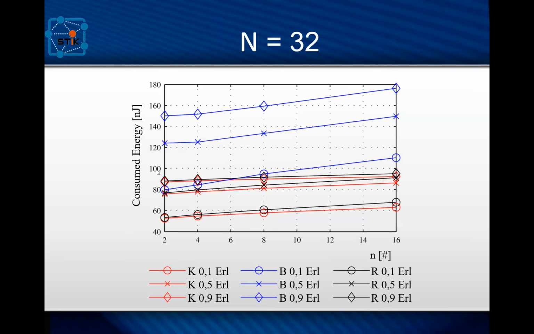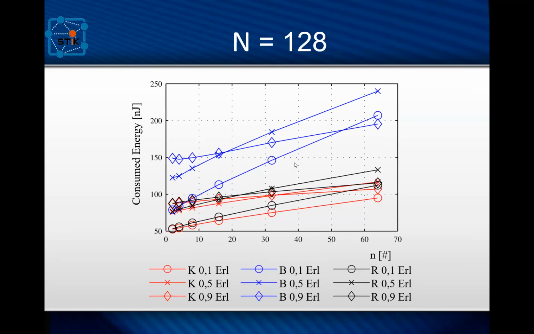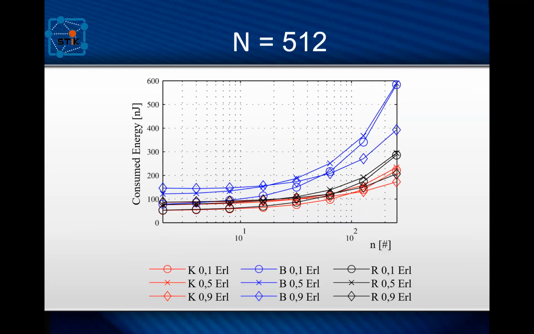We can see that the highest electrical energy consumption on all slides, for n equal to 32, 128, and 512, occurs in the case of the Benes algorithm. It is due to the necessity of ordering the switches to be checked according to their load.